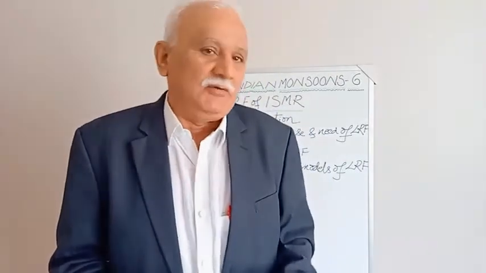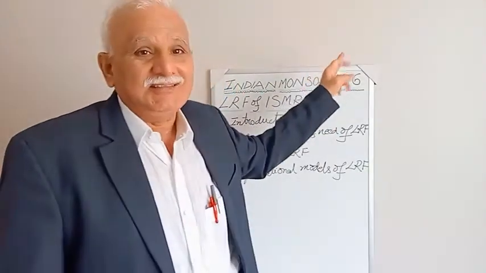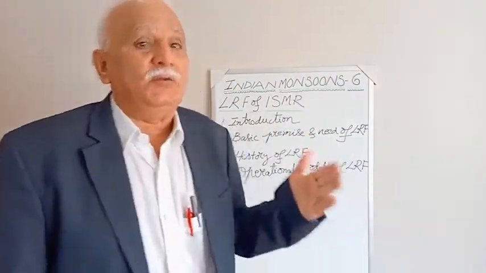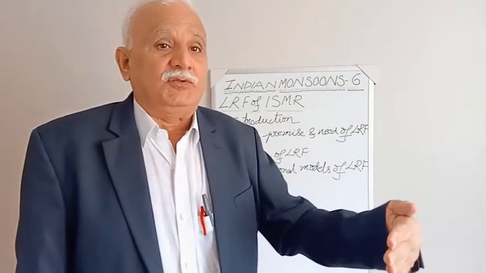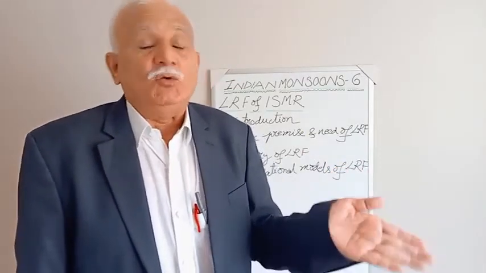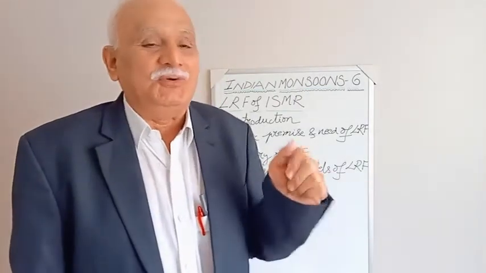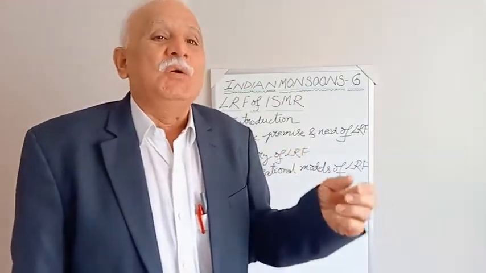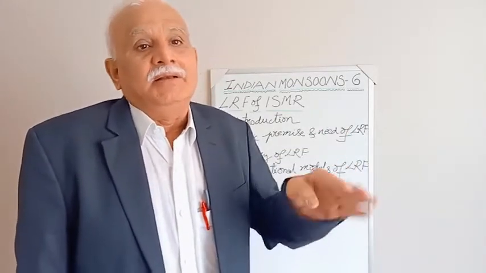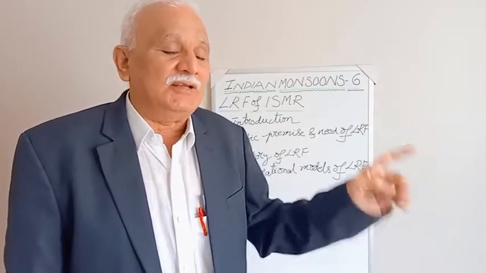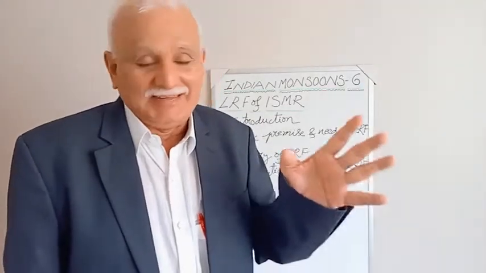Before that, I would like to impress upon you that in the fifth class, the previous class, we tried to understand medium range weather forecast, that is 72 hours to 240 hours or 3 to 10 days. Then extended range forecast, 2 weeks to 1 month. The National Center for Medium Range Weather Forecasting was established in the year 1988.